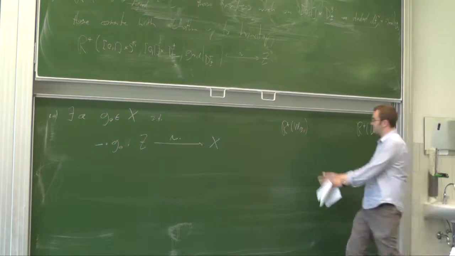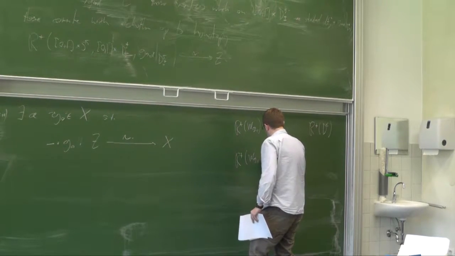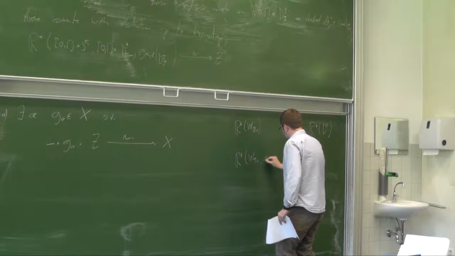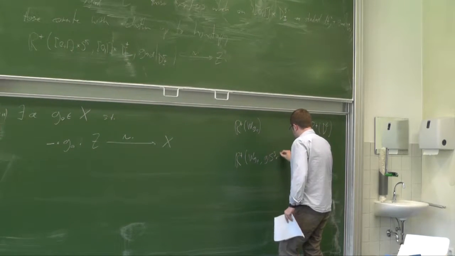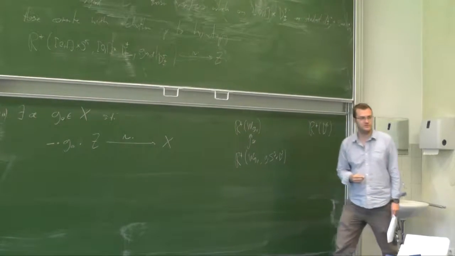Right? Inside here you have the things that are standard on G copies of S3 plus D3. Inside there, and it's an equivalence by the Schoenflies-Walsh theorem.